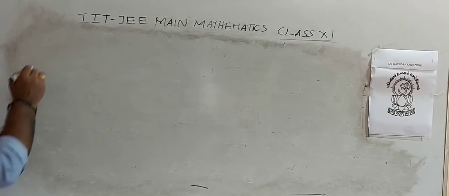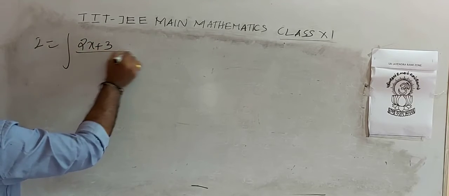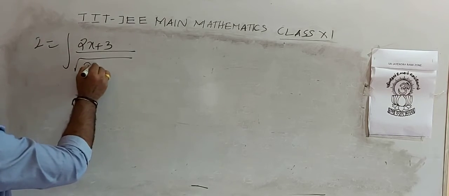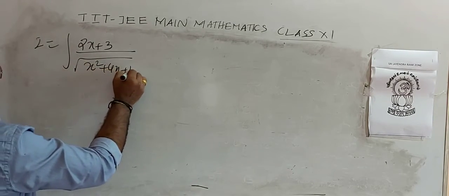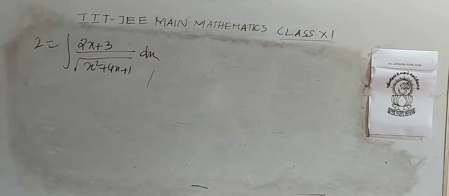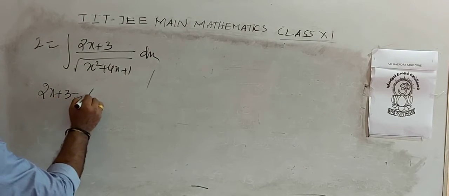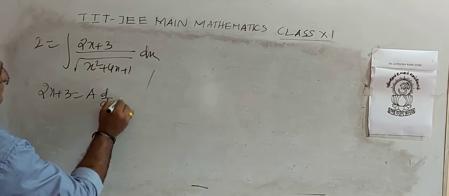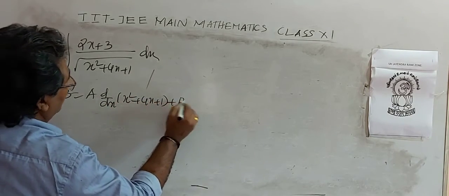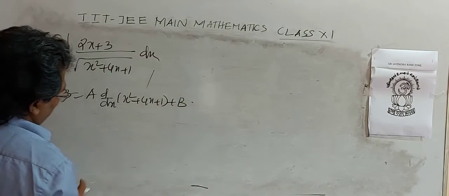Integral two x plus 3 divided by root of x squared plus 4x plus 1 into dx. Two x plus 3 equal to a into d by dx of x square plus 4x plus 1 plus b.